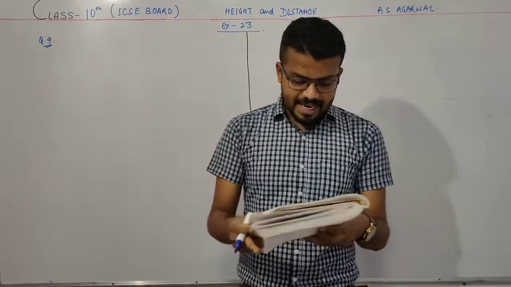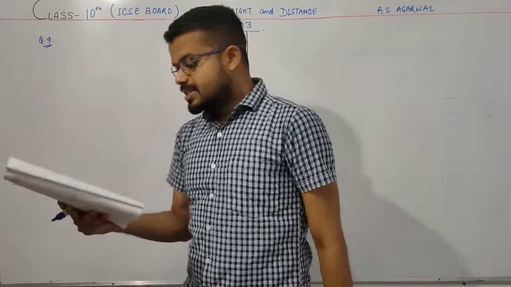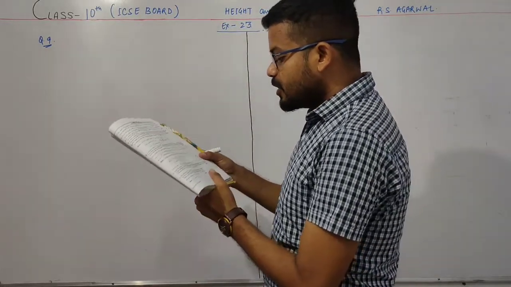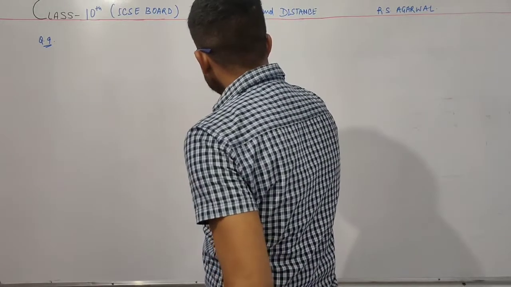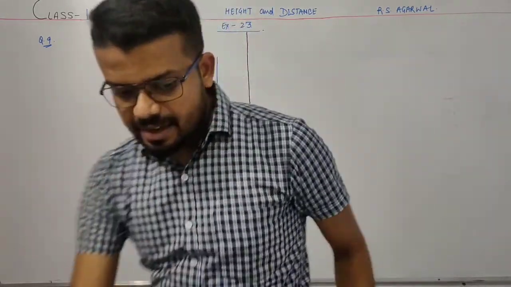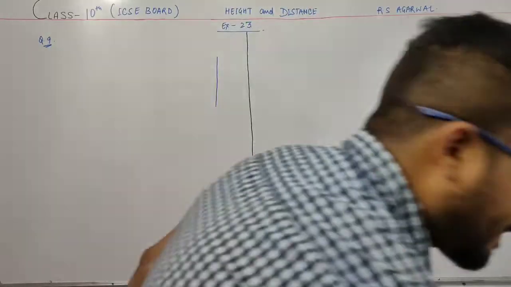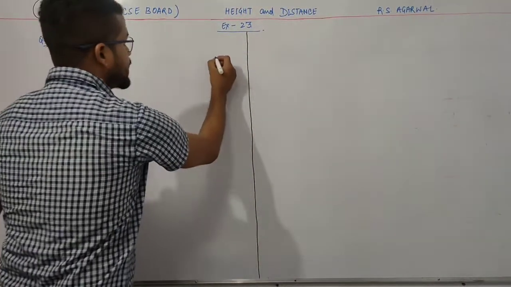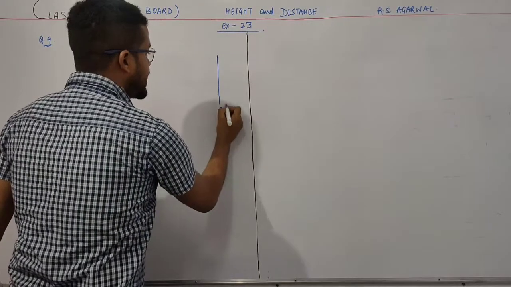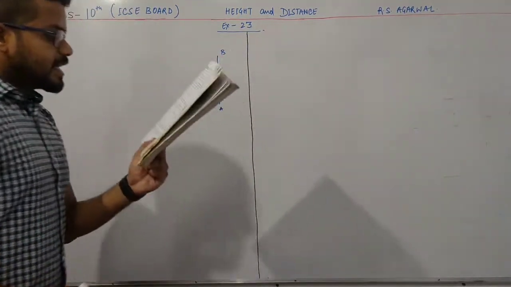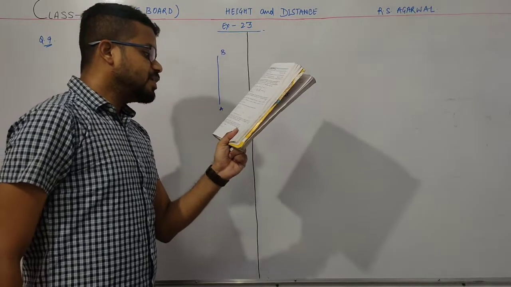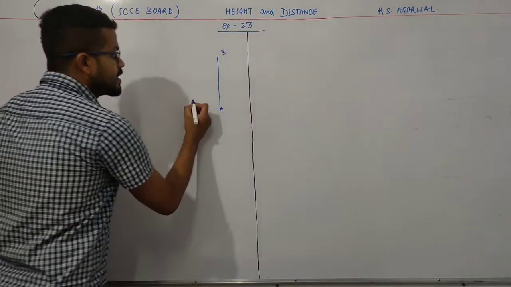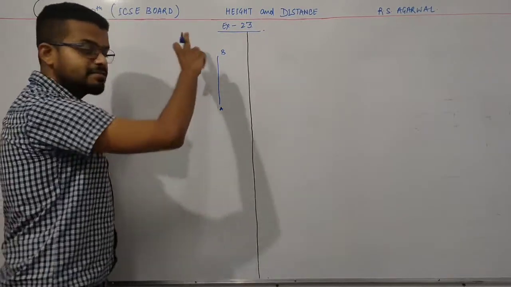Question number 9: the shadow of a vertical tower AB on level ground is increased by 10 meters. This is the tower AB.